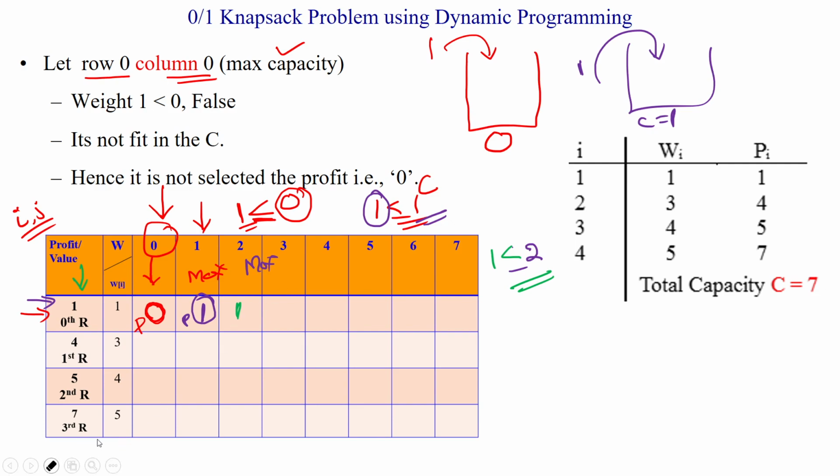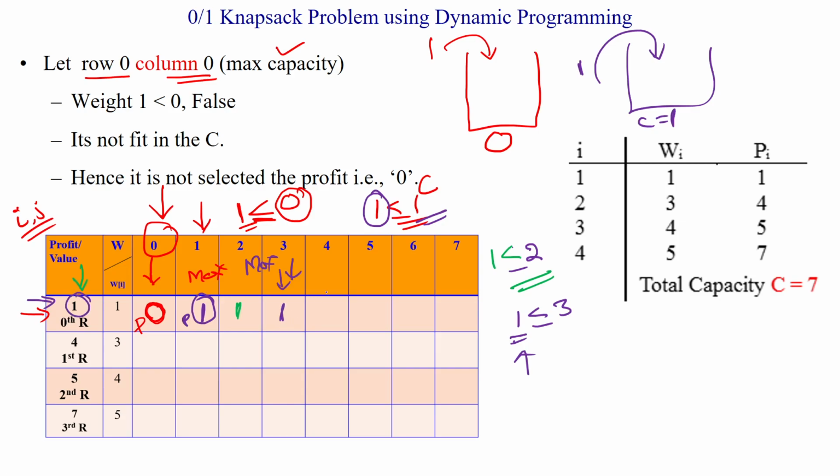Okay, so the third one also has the value here. The weight of the first product is 1, and the maximum capacity in this cell is 3. So it is true, so you can select this item, and when you are selecting the item, you get the profit 1.